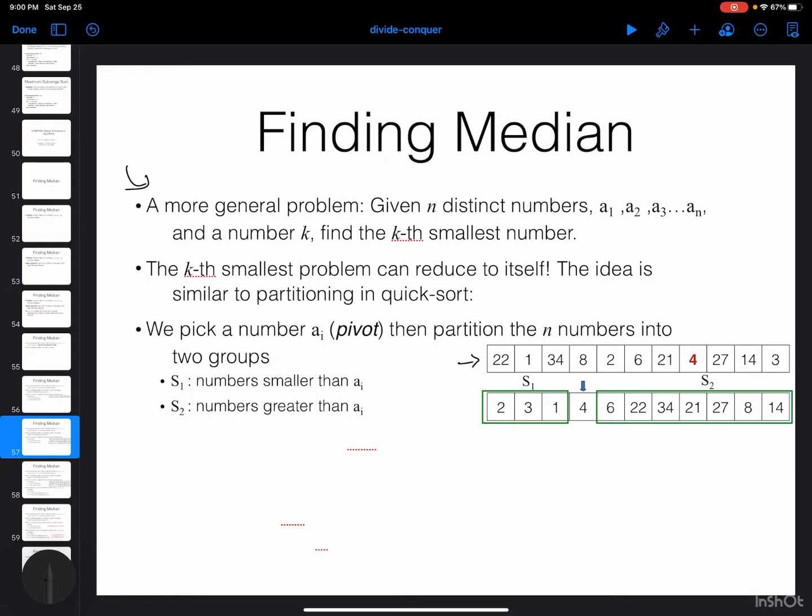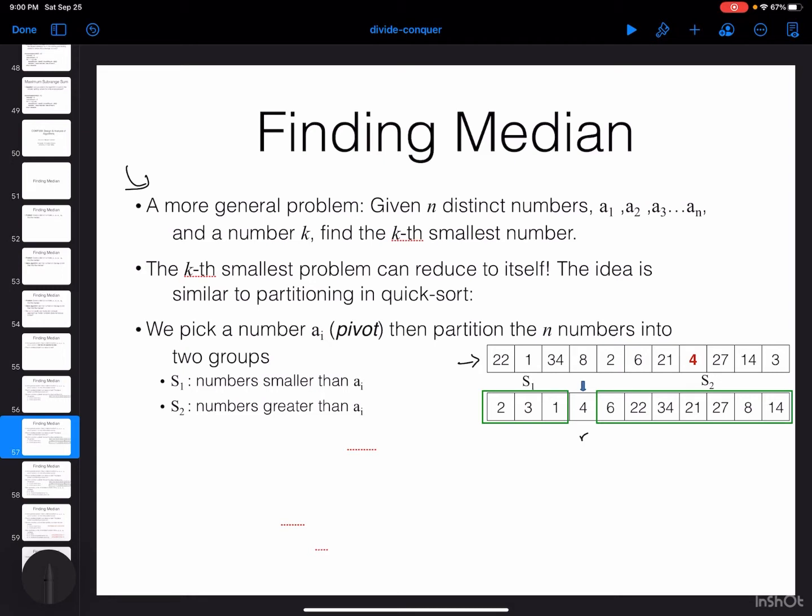We partition around the pivot value. 4 will be placed at its correct rank, which will be the rank R. All the values in the array which are smaller than the pivot 4 will be placed before the value 4, and all the values greater than 4 will be placed after it.